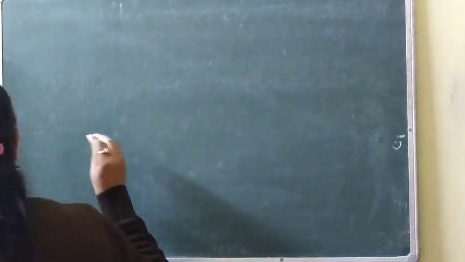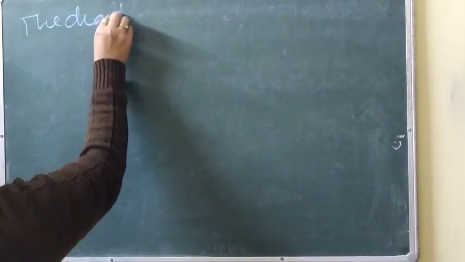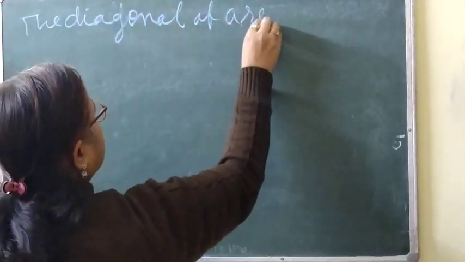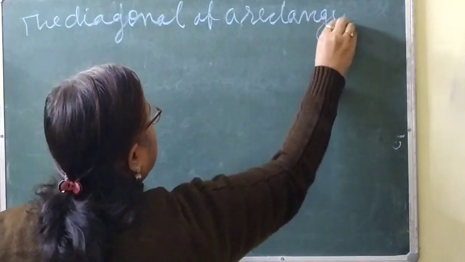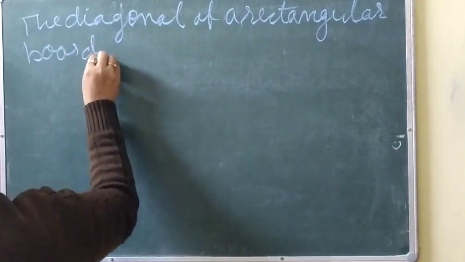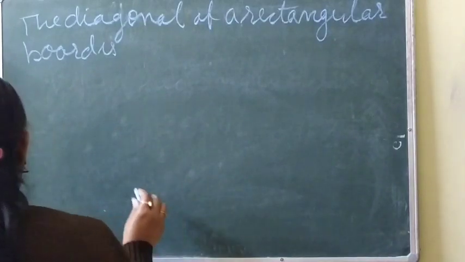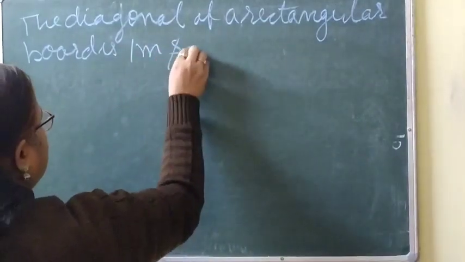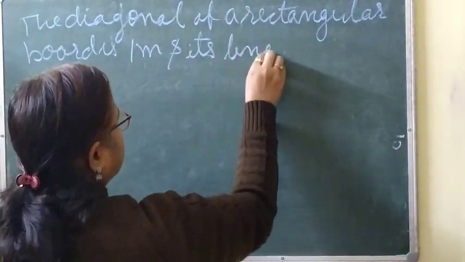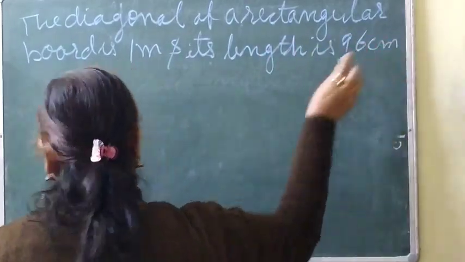Now the next question is, the diagonal of a rectangular board is 1 meter, and its length is 96 centimeter.